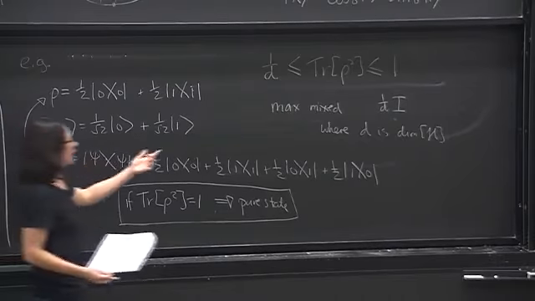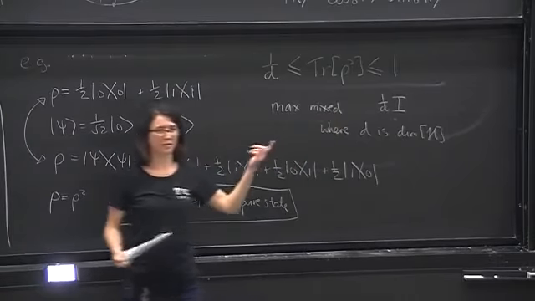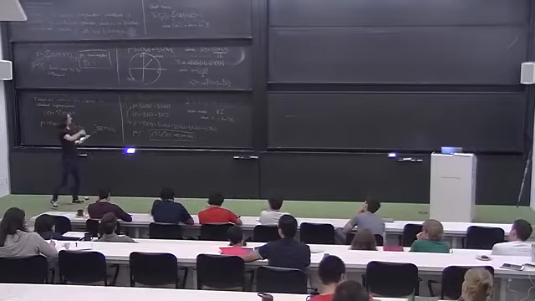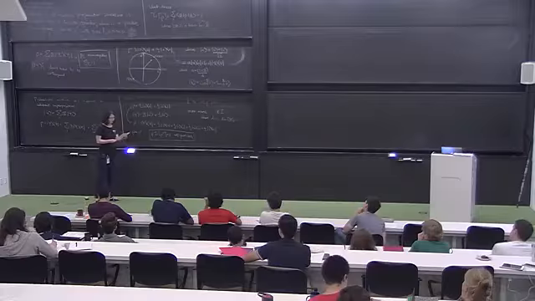And you can see that has to be the case because you want the state to be trace 1. So you're going to add the D elements of the identity and then divide it by D.